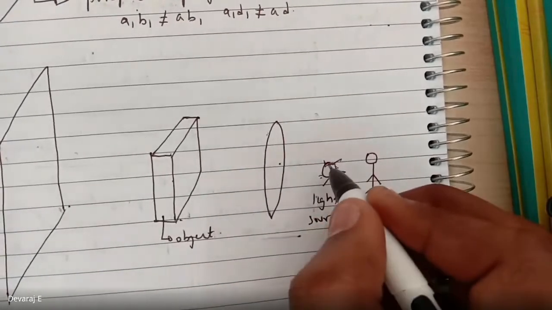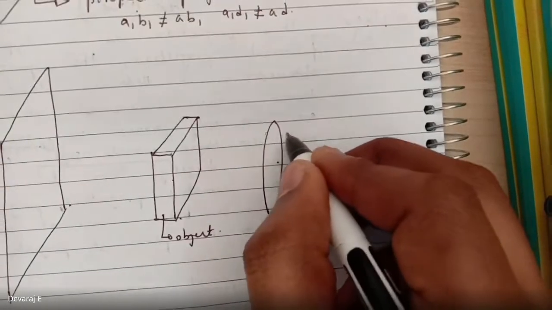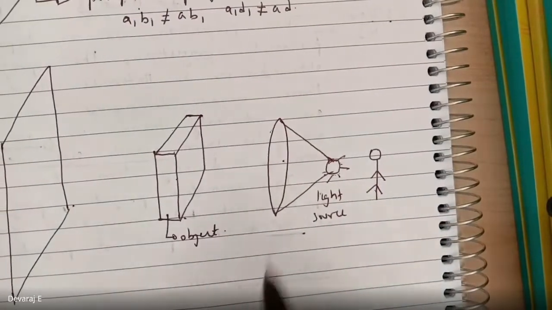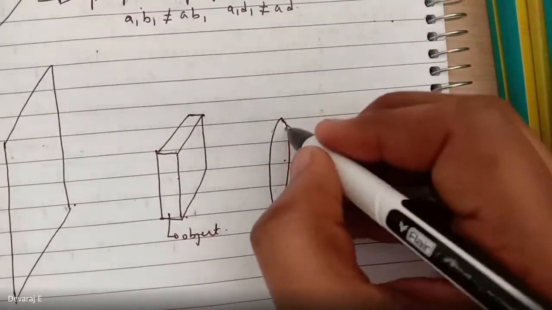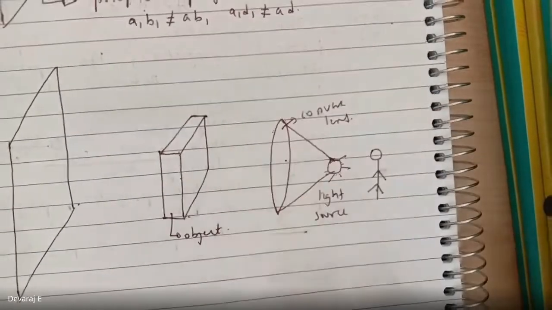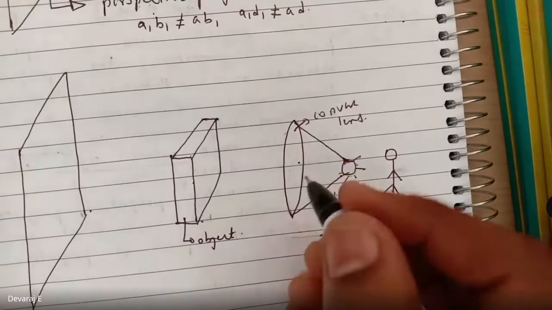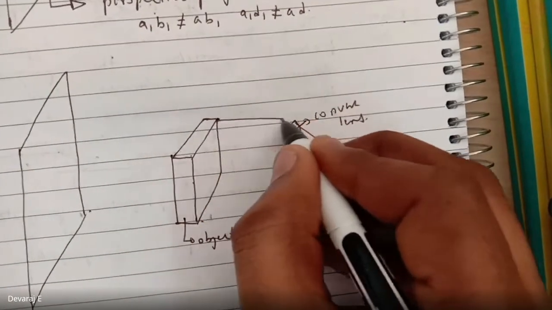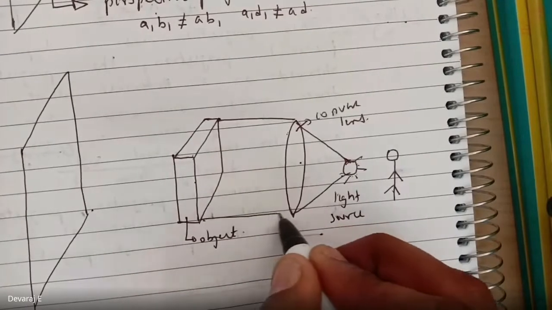When the light source is switched on, first it will fall on the convex lens. Then initially it will try to move straight and fall on the object.